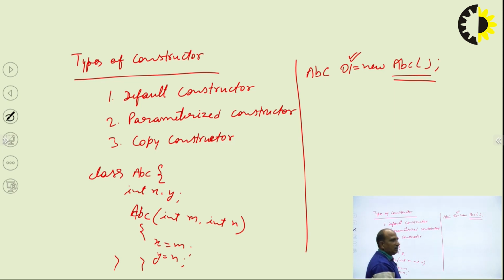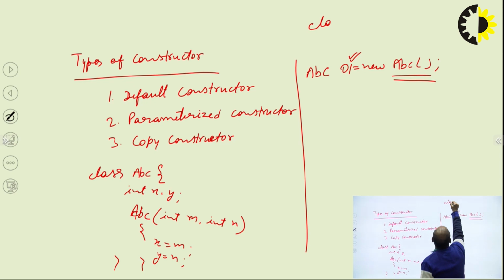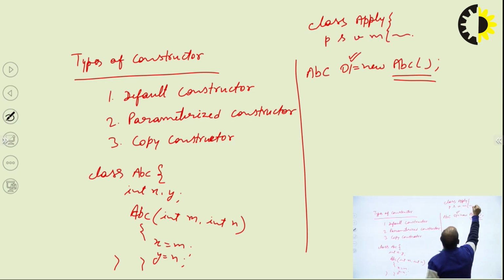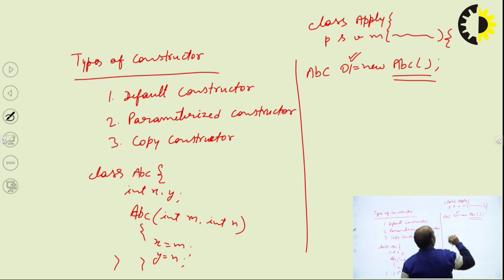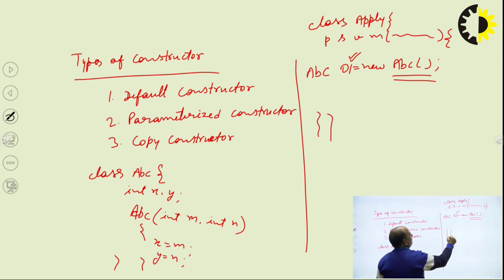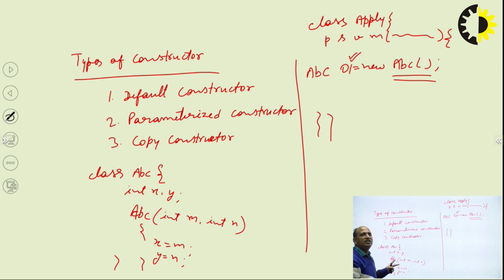If this constructor has been created, and there is a class apply where the public static void main function is there with string args, and we want to create the object like this, will this object be created? No, because once this class declares a parameterized constructor, the default constructor is not available by default.